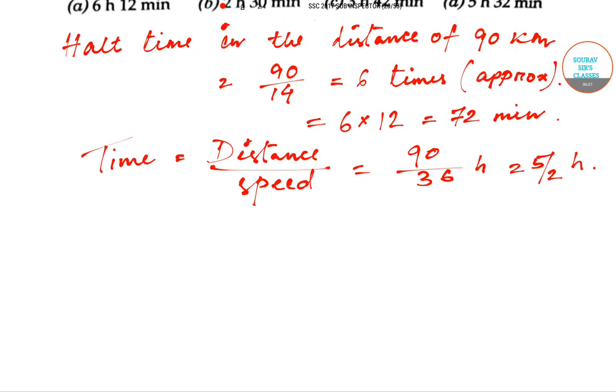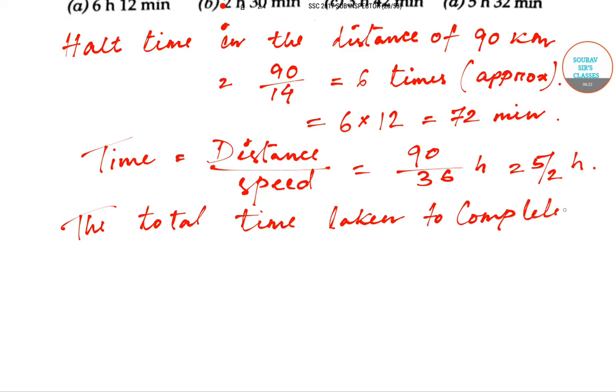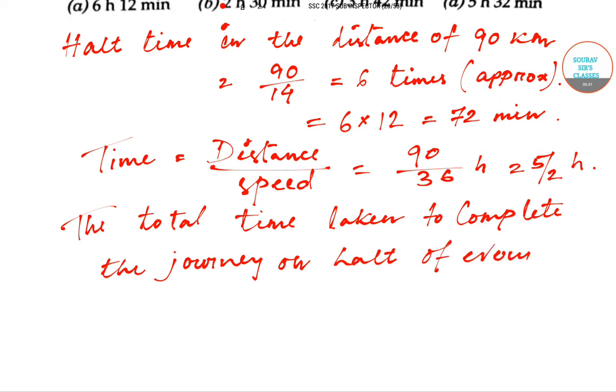Now the total time taken to complete the journey on halt of every 14 km is equal to 5/2 hour plus 72 minutes.